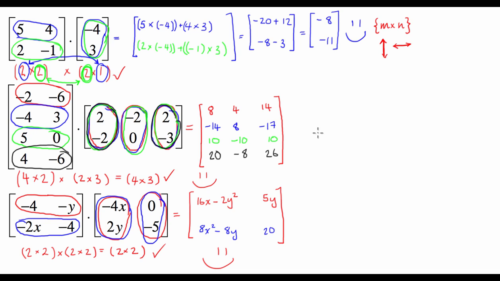The second question that we did is quite a good demonstrator of the algorithm because you can see that we go first row times all the columns, second row times all the columns, third row times all the columns, fourth row times all the columns. And you can see when we go the first row and timesing all the columns, we get the first row in our answer. The second row times all the columns, we get the second row in our answer. So you can see that this is quite a good demonstrator of how the algorithm works, with the colors matching to the respective rows.